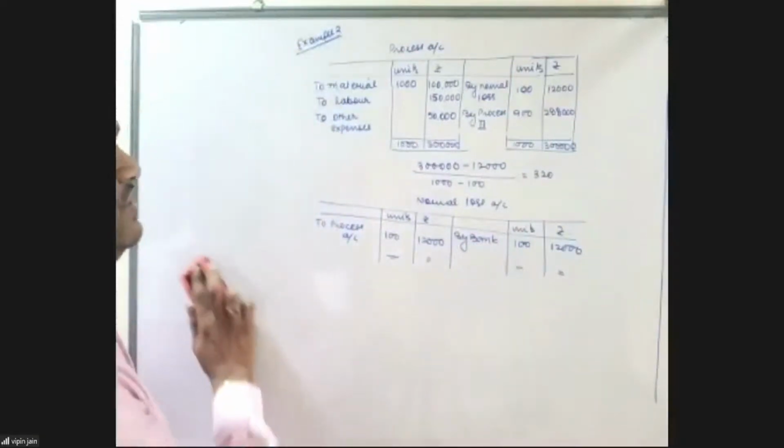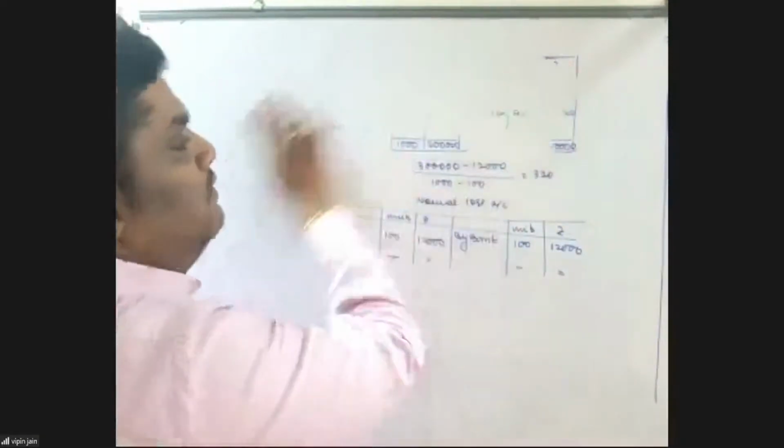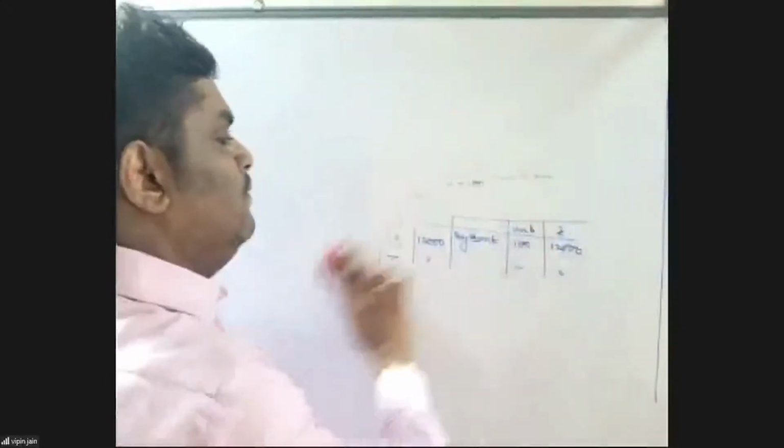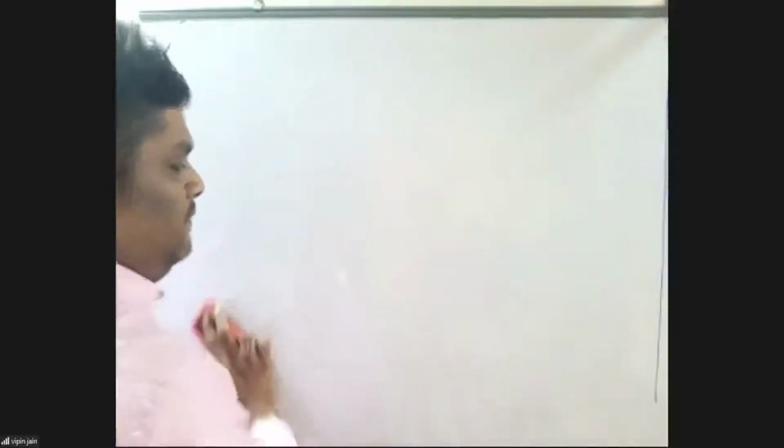So enough of discussion on normal loss. Now let's start with the next part of the chapter, that is abnormal loss.